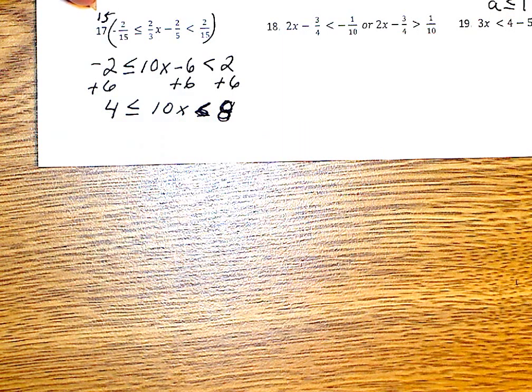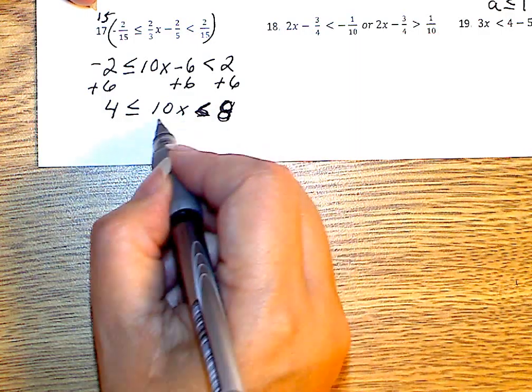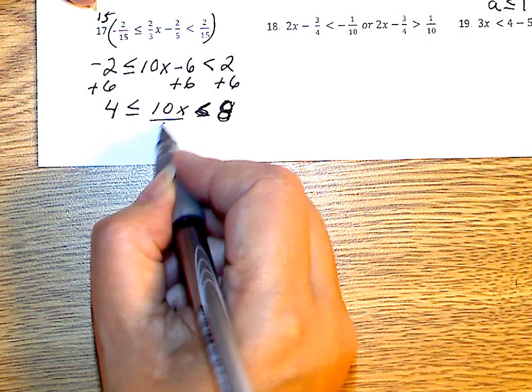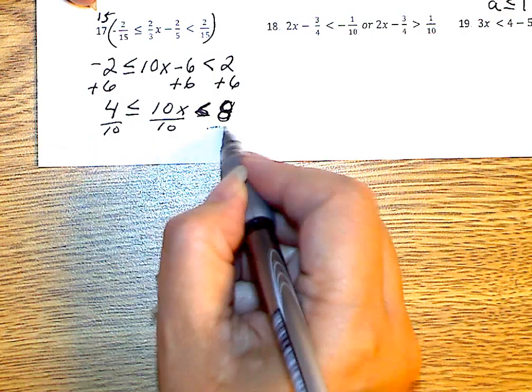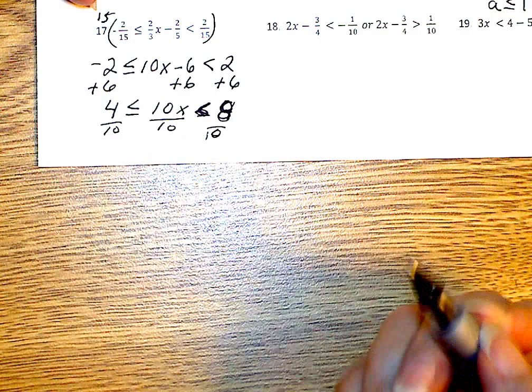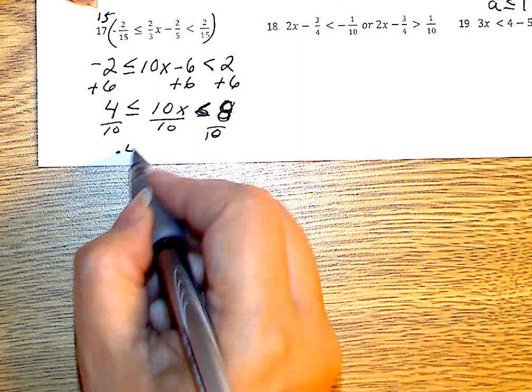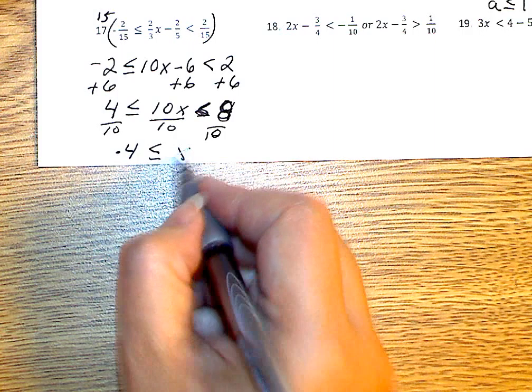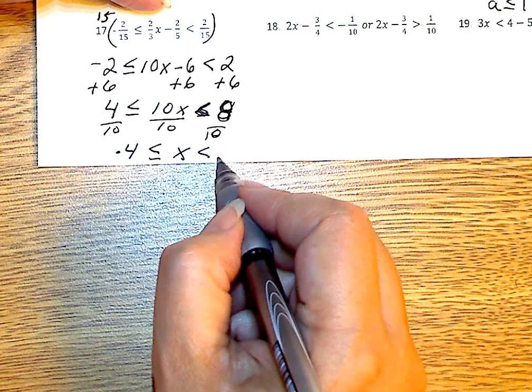And then I simply have to divide everything by 10. So you have 0.4 is less than or equal to x, which is less than 0.8.